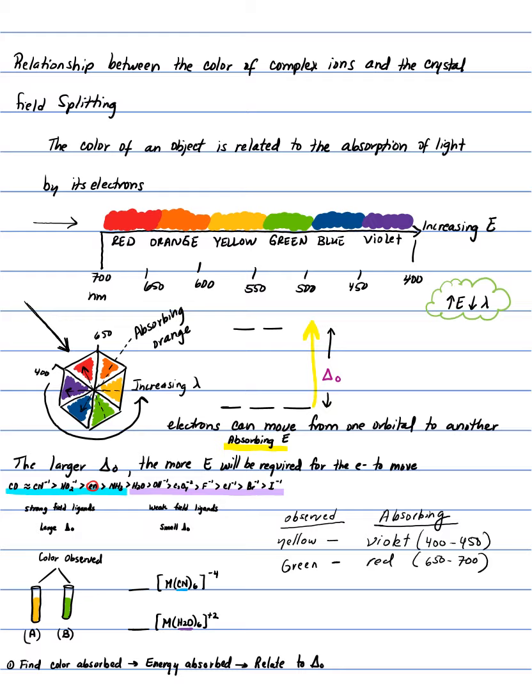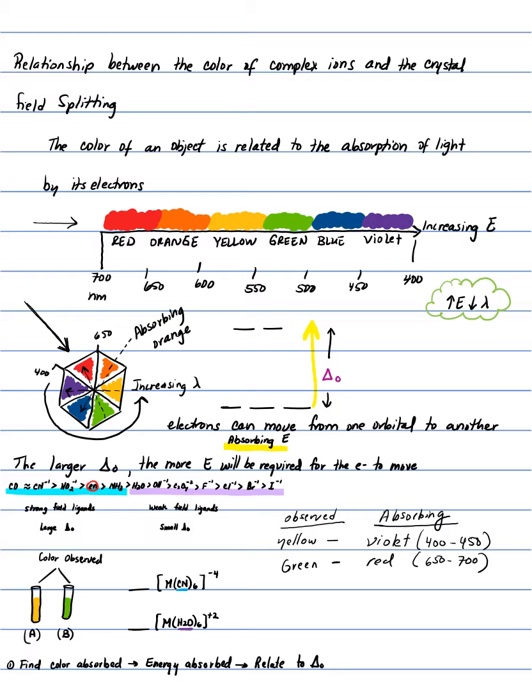Increasing energy, decreasing wavelength. So you have smaller wavelengths for the violet color, 400 to 450, because that one has a higher amount of energy.